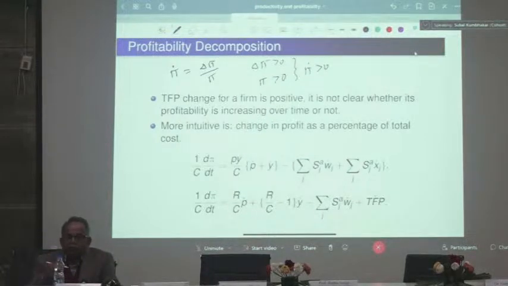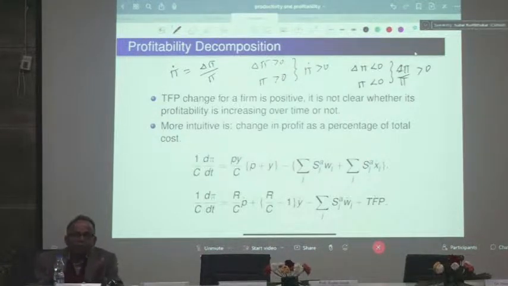Now think in terms of another firm. For that firm, change in profit is negative and it starts with a negative profit. What would be the ratio? That is also positive, right?